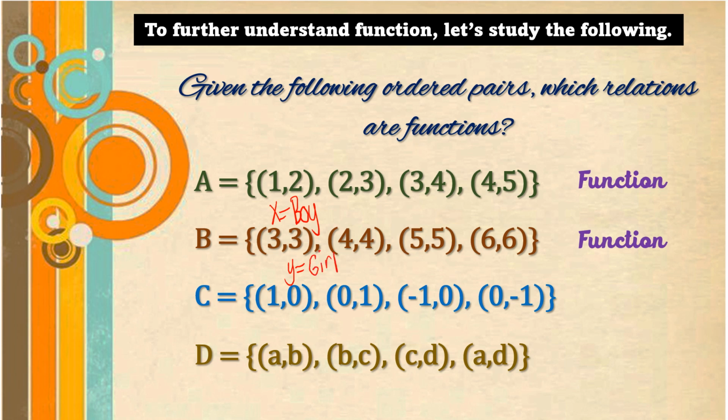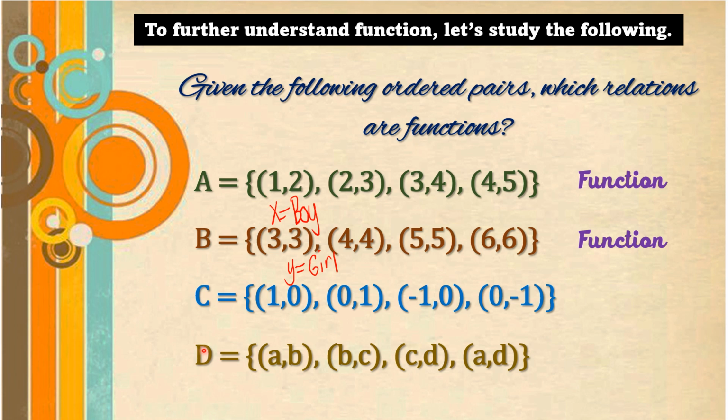In the concept of function, guys, the boy, which is the x variable, must be loyal to his partner, the girl. Since x, the boy, and the girl are partners, they have a relation. So for their relation to be a function, the boy must be loyal to his partner, and he doesn't have any other girl in his life aside from that partner. And that is the easy way to identify whether a set of ordered pairs is a function or not.